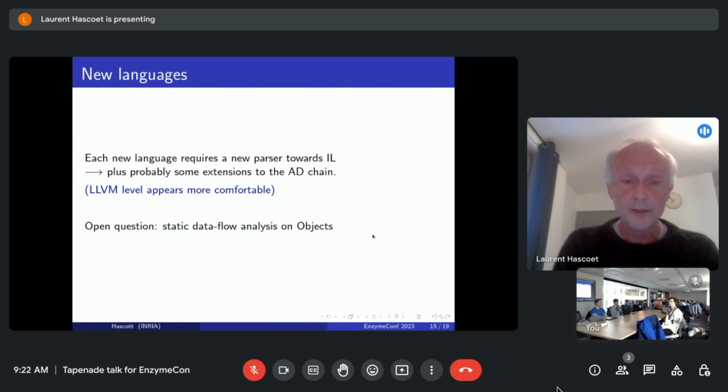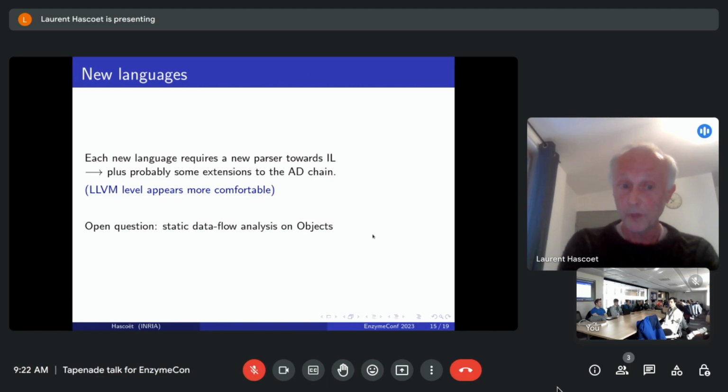As a final outlook at the end of my presentation, I'd like to tell you of some limitations that maybe we can lift someday. Of course, we have this limit of new languages. It's hard to provide a new parser and a new front end for new languages for Tapenade.